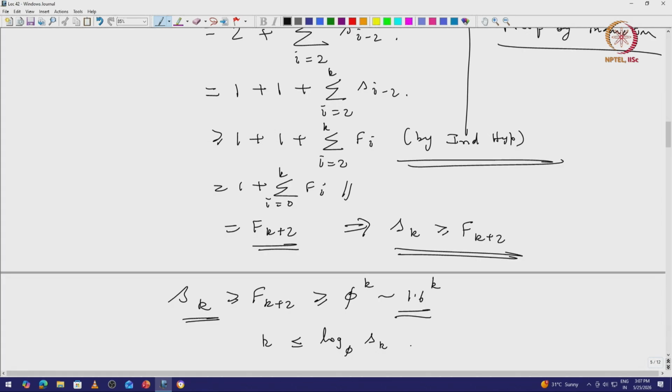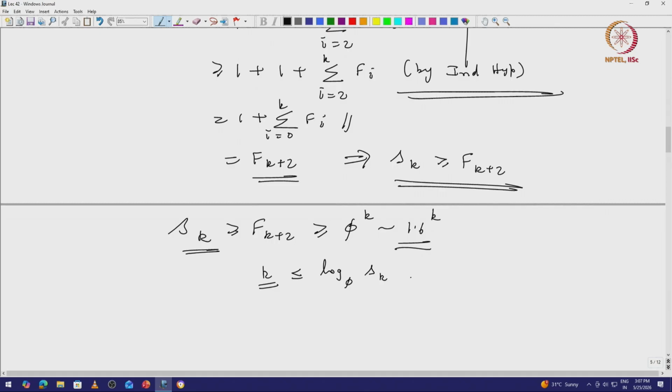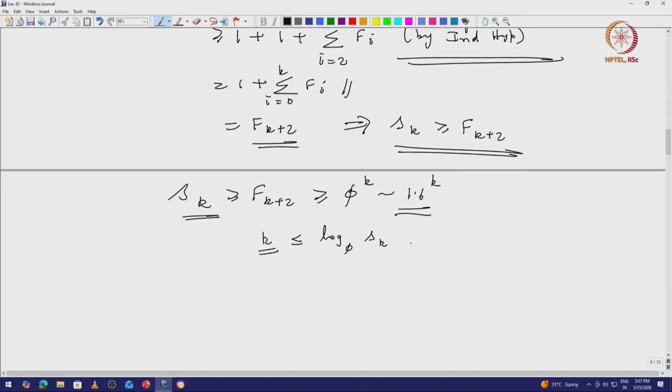All right. So this is the degree. So what is the maximum size you can have? All nodes in a single tree, right? Therefore, the maximum size of a tree can be n. Therefore, the max degree can be less than or equal to log n to the base phi.